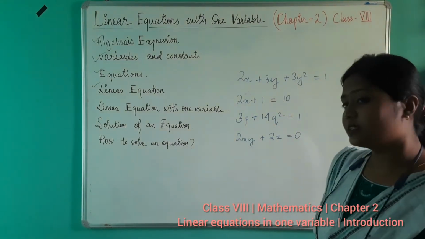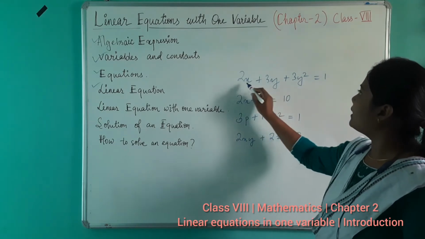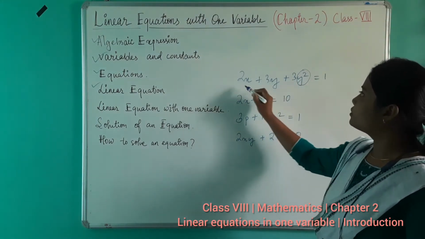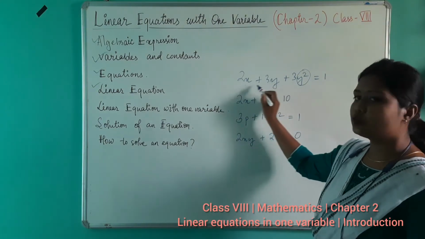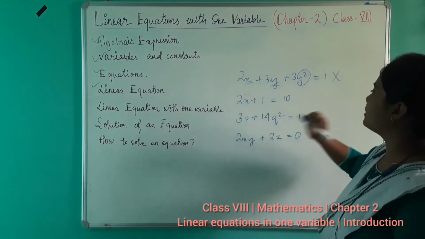I have written 4 equations here. You see, the variables are x and y. Again, there is second power of y. So in this equation there are 2 variables, x and y. So this is not an equation with one variable.